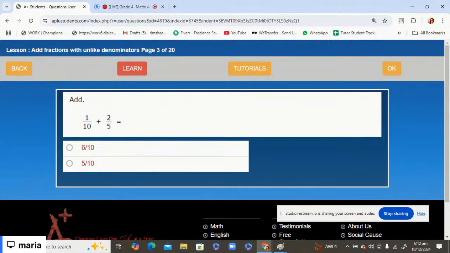So we make 2 by 5 equal to something over 10. How can it become equal? 1 by 10, how does it become equal to 2 by 5? We are going to multiply and divide.